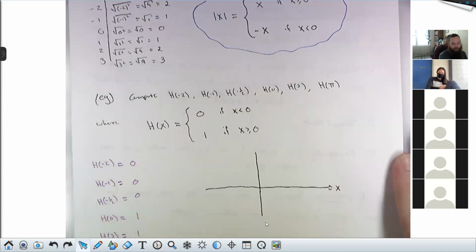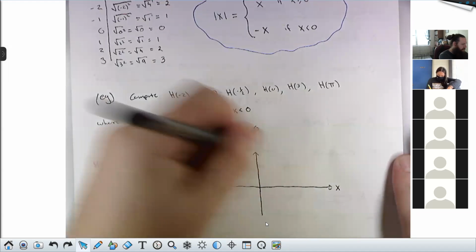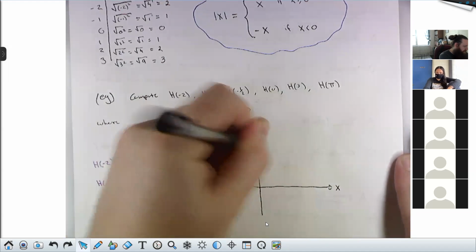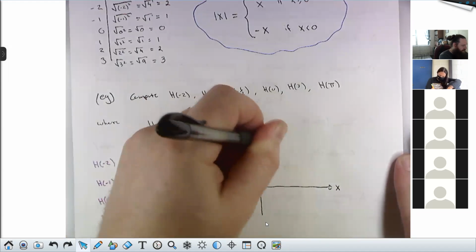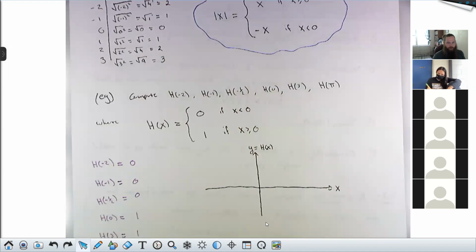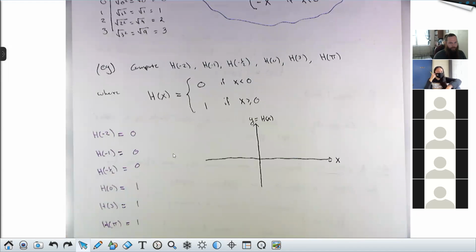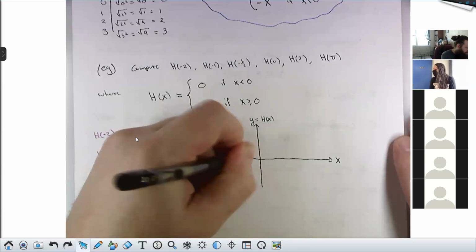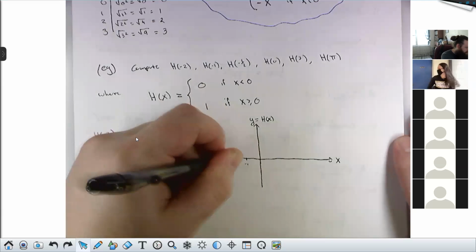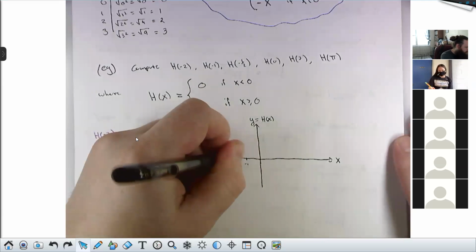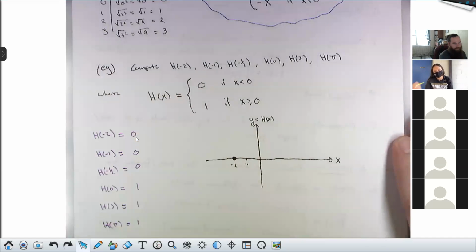The horizontal axis is usually our input space. The vertical axis is our output space. And we would write y equals h of x or y equals f of x because the y values on the graph are the outputs. From the computations we did over here, I can plot a few points, right? The fact that h of -2 is 0 tells me that if I come out here, the point -2, 0 is on the graph.